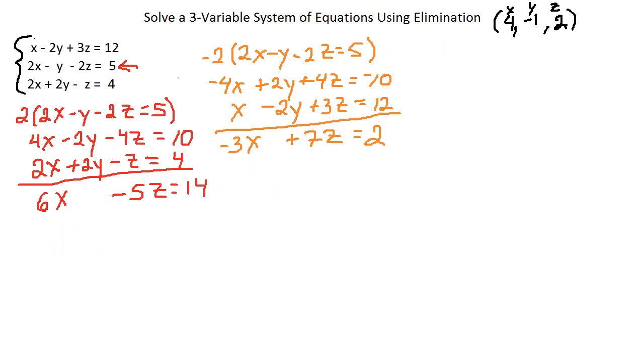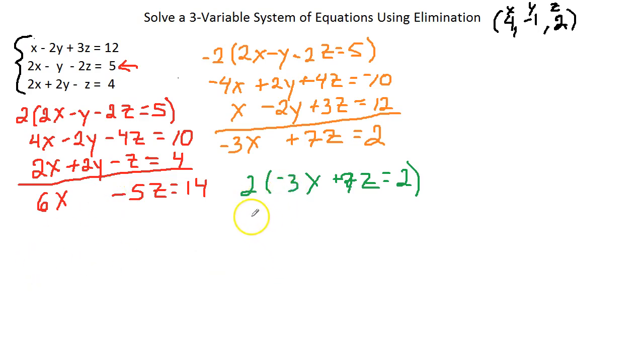So what I'm going to do, we'll make this one green, is take 2 times this orange equation, negative 3x plus 7z equals 2, and add it to the red equation.